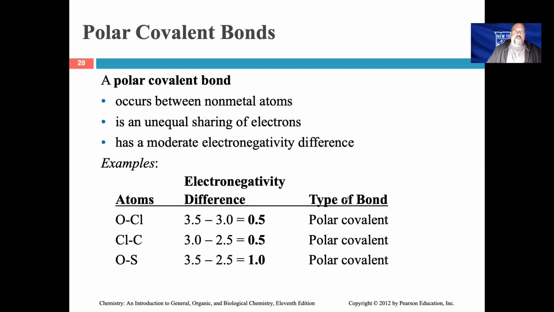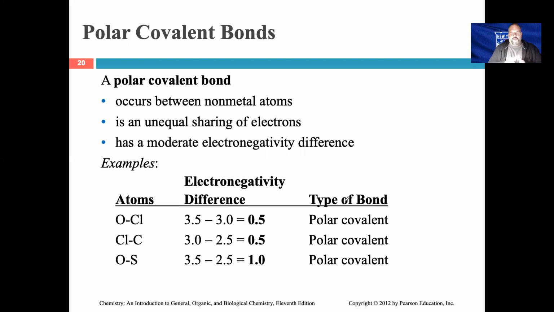Okay. The other type of covalent bond that you come across is a polar covalent bond. Now, since it's covalent, it's going to involve non-metal atoms. But here, the electronegativity difference is large enough that one of the atoms is going to pull the electrons towards itself.